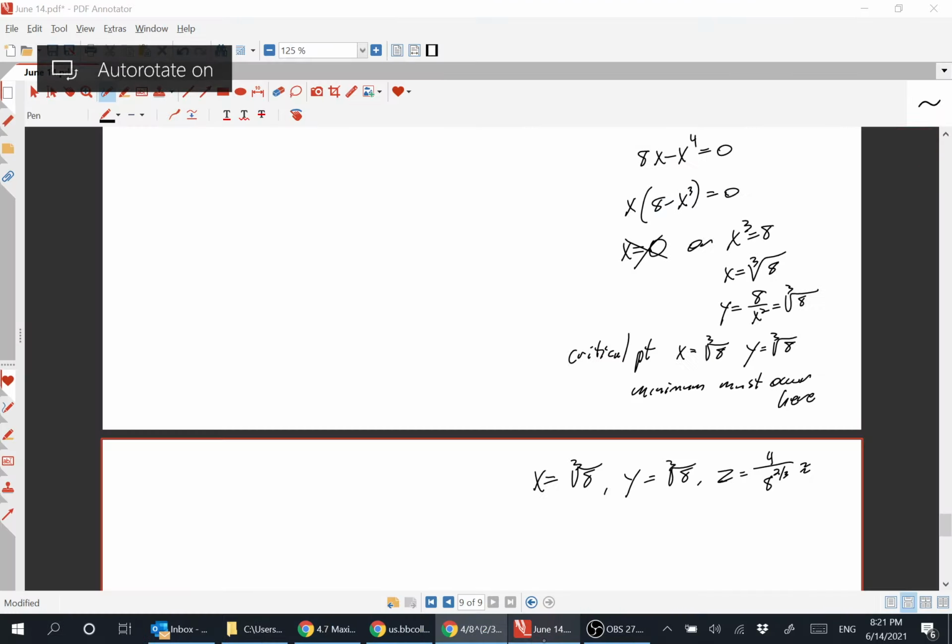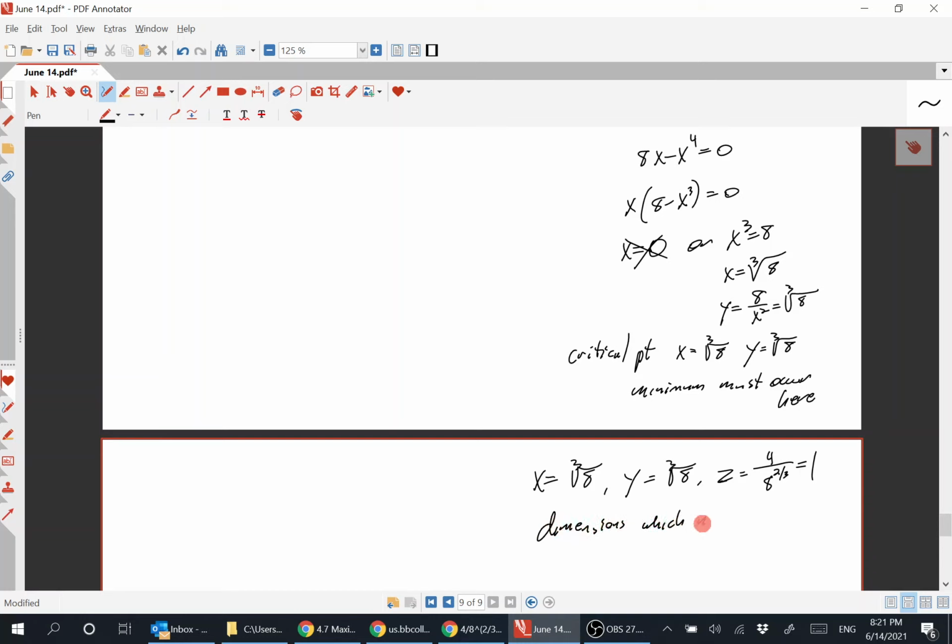Of course. So z is equal to 1. So these are the dimensions which minimize the surface area, so the amount of cardboard used.